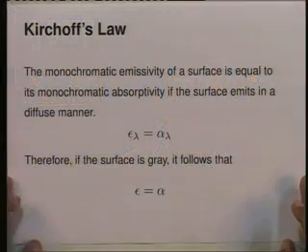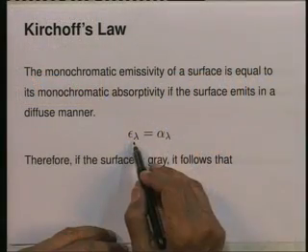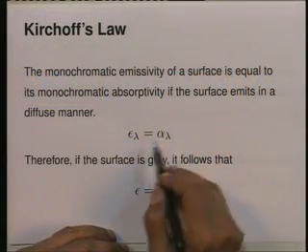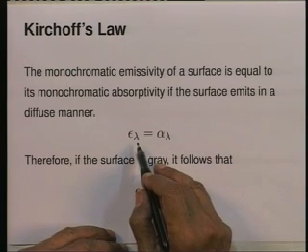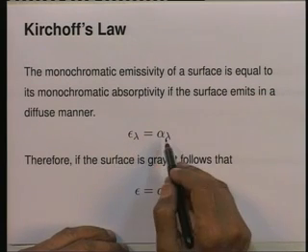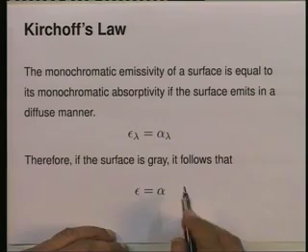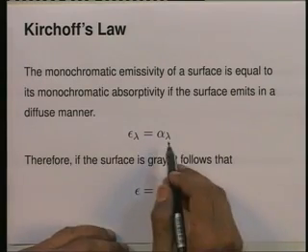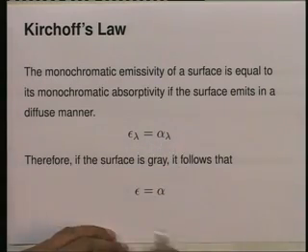It states that if the surface is diffuse, epsilon lambda is equal to alpha lambda. We are not going to prove this law, but I will ask you to take it as correct.